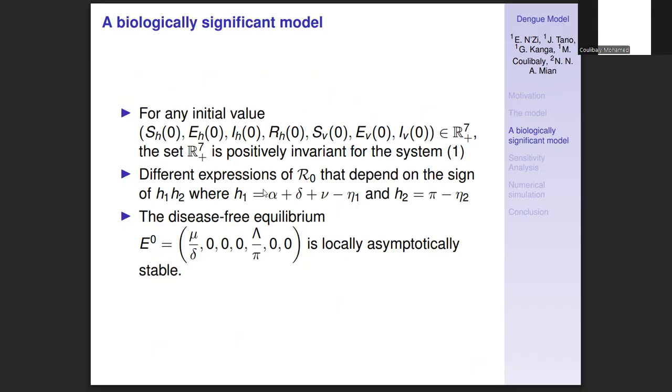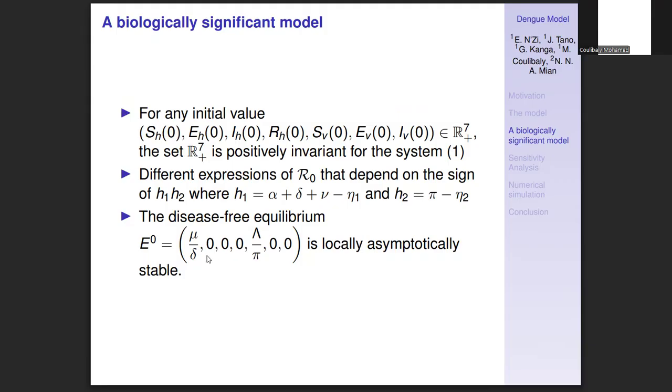So we prove that our model is biologically significant because it lives in a positive set and it has positive solutions. And with some conditions which depend on some constraints of the model, we prove that the reproduction rate R0 exists.